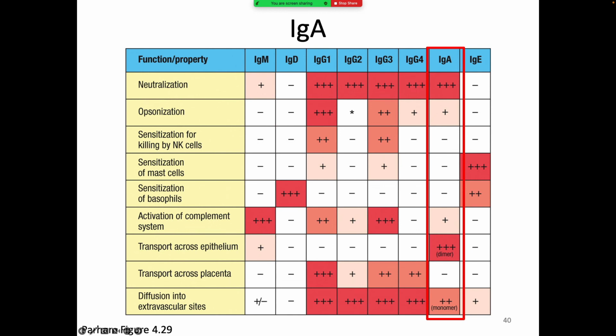But IgA does have some things about it that are really, really important. You will notice that it is good at neutralizing, though it's not the only one that's good at neutralizing. So it's a good neutralizer, yay. But the thing that's really interesting about IgA is where we find IgA in the body, IgA's anatomic location.